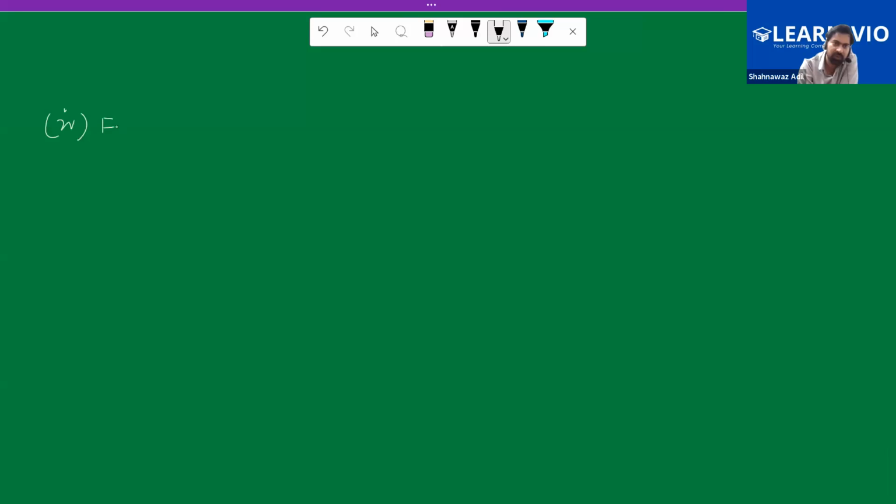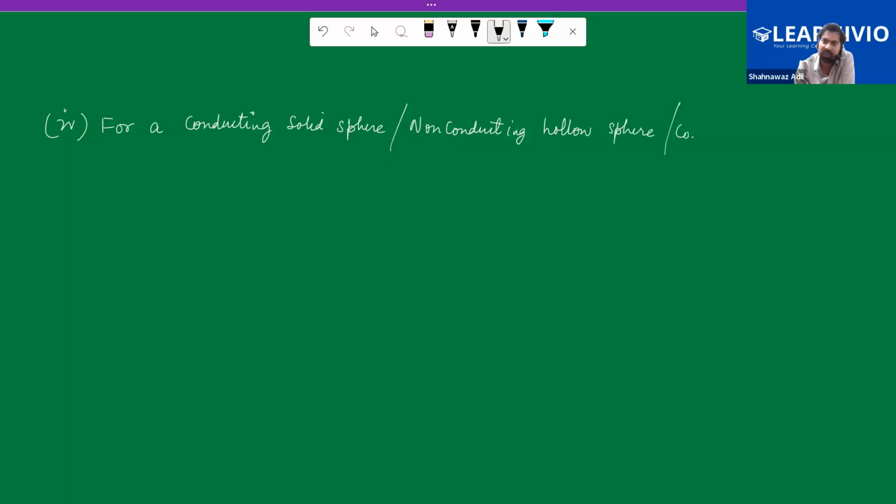So this is for a conducting solid sphere, or we have a non-conducting hollow sphere, or we have a conducting hollow sphere.